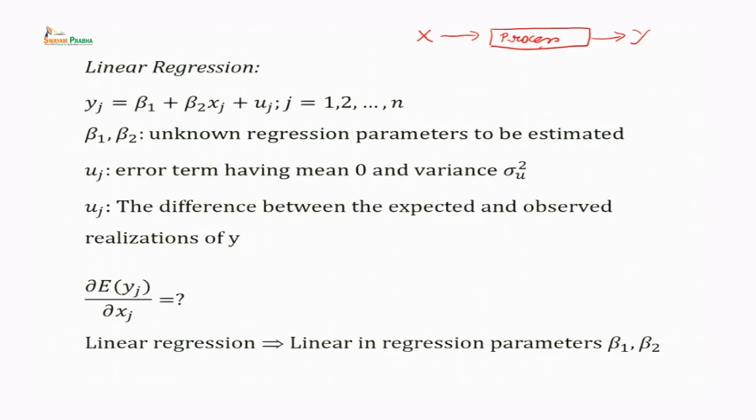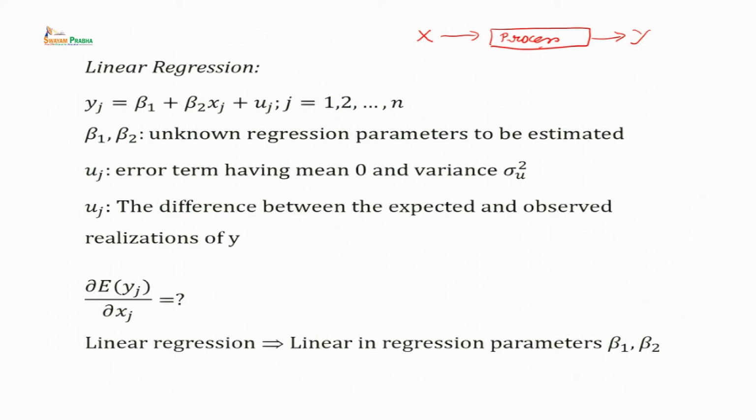Now, first we consider the simple linear regression model, which relates the input and output variables using a simple linear relationship: y j equal to beta 1 plus beta 2 x j plus u j, j equal to 1 up to n. You have n pairs of observations. Here beta 1 and beta 2 are unknown regression parameters, and your problem is to estimate these parameters. u j is the error term, and we assume that it has mean 0 and variance sigma square u.